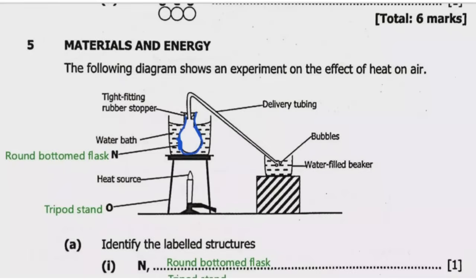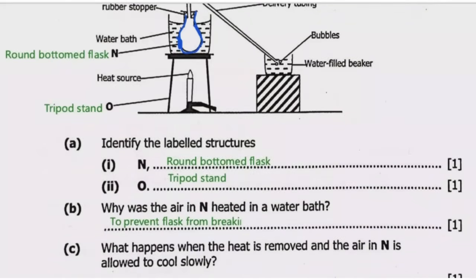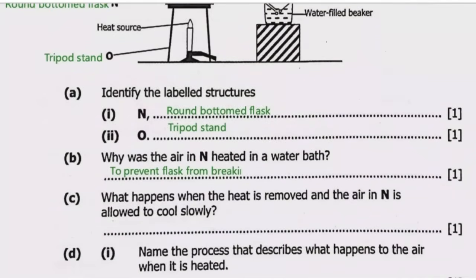So when it starts contracting, instead of creating a vacuum, it will start sucking water into the beaker, then into the flask. Then the flask will be filled with water as well.